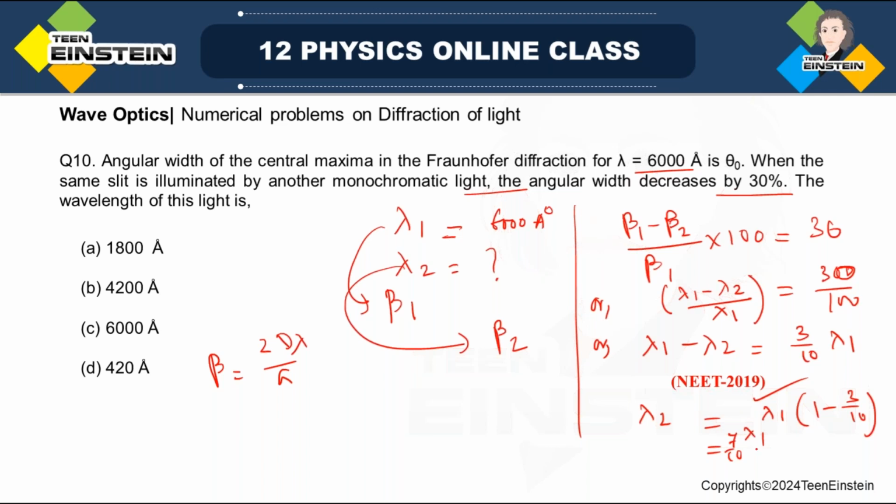Okay, so let us see what is that. So lambda 2 is going to be 7 by 10 into lambda 1, which is given as 6000 angstrom. So this will be like this, this much angstrom. So this is the answer. I hope guys you have understood. So this is how you can do the calculation.